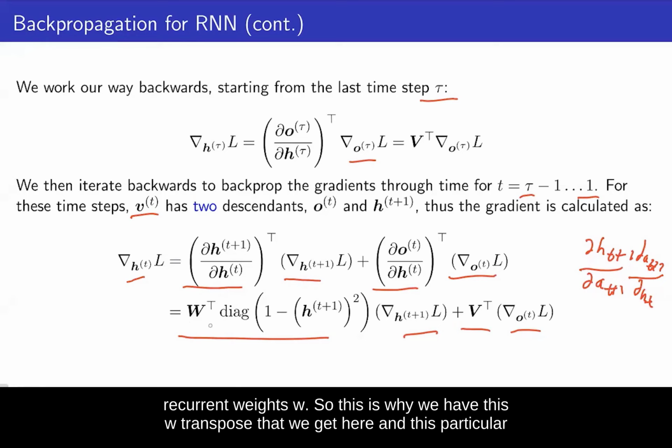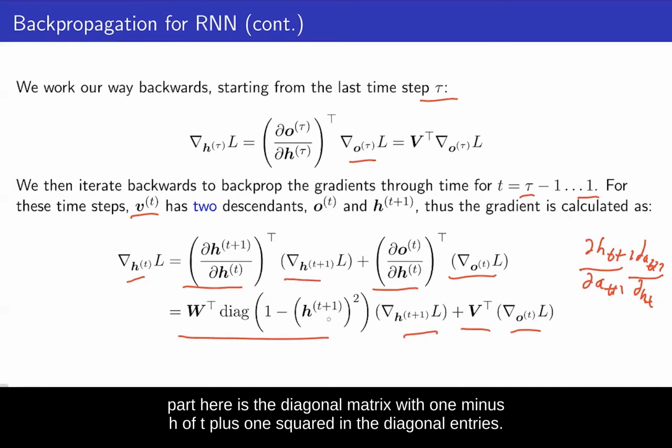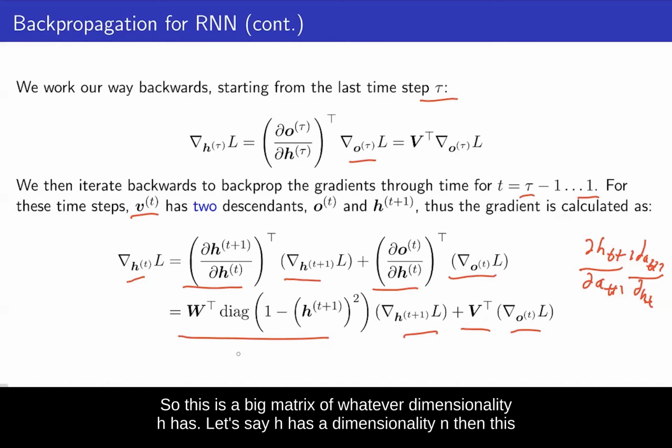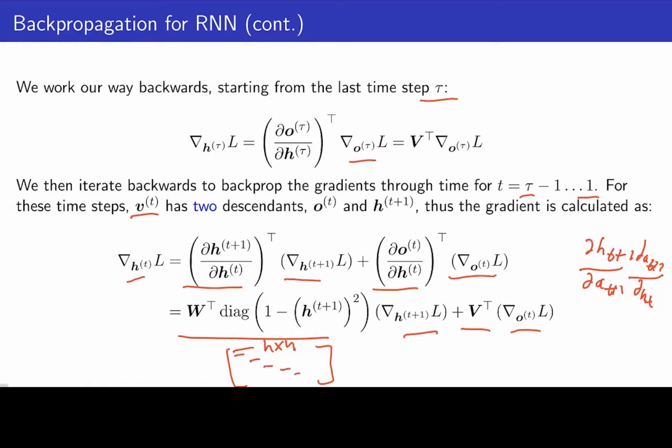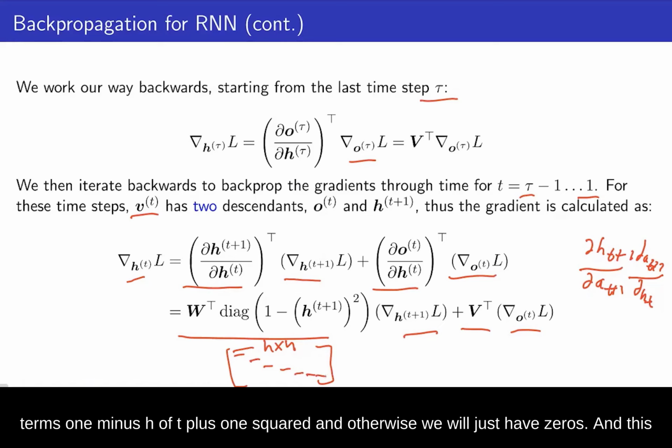And this particular part is the diagonal matrix with 1 minus h of t plus 1 squared in the diagonal entries. So this is a big matrix: if H has a dimensionality n, then this would be an n by n matrix. The diagonal entries will have these terms 1 minus h of t plus 1 squared, and otherwise we will just have zeros.